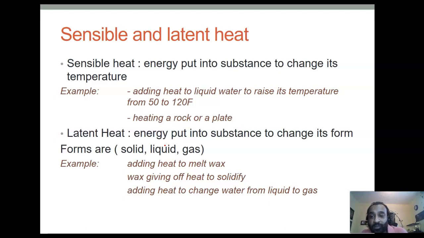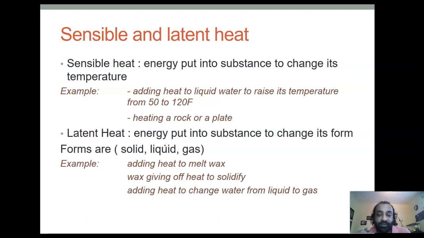Sensible heat. Okay? On the other hand, we have something called latent heat. It's the energy put into a substance to change its form. It's heat we cannot measure. Let me explain. If you put a bucket of ice on the stove and you stick a thermometer in it and you keep heating it, the thermometer will not budge from 32 Fahrenheit at atmospheric pressure until the entire ice is melted.